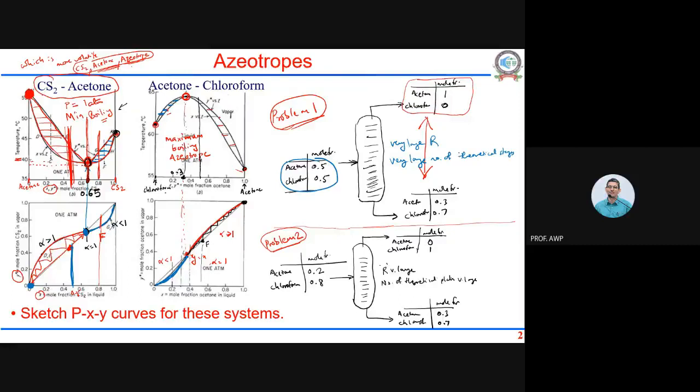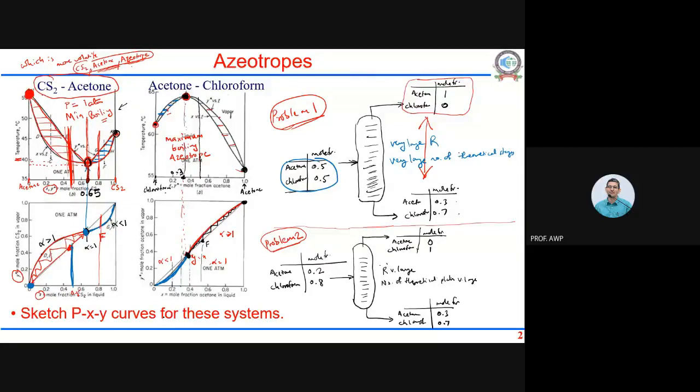At the bottom of the distillation column, I will go up to the azeotrope point, which means 0.3 and 0.7. If you look at the right side of the azeotrope, the more volatile component is acetone, the less volatile component is the azeotrope.